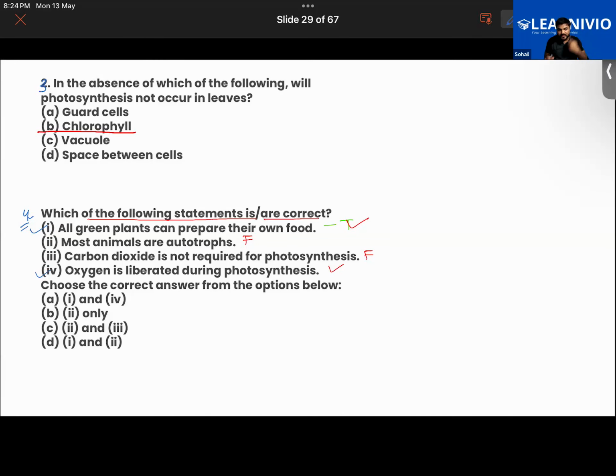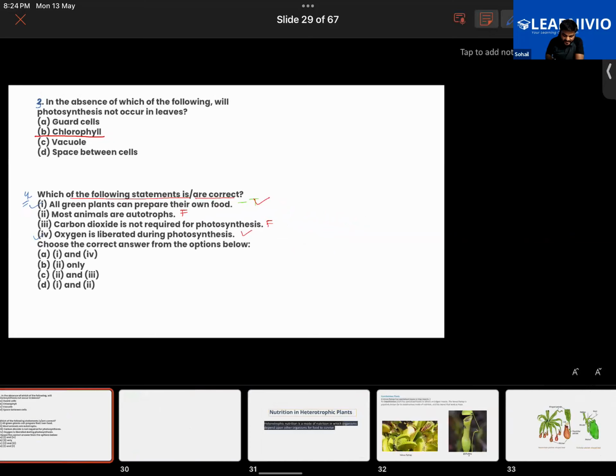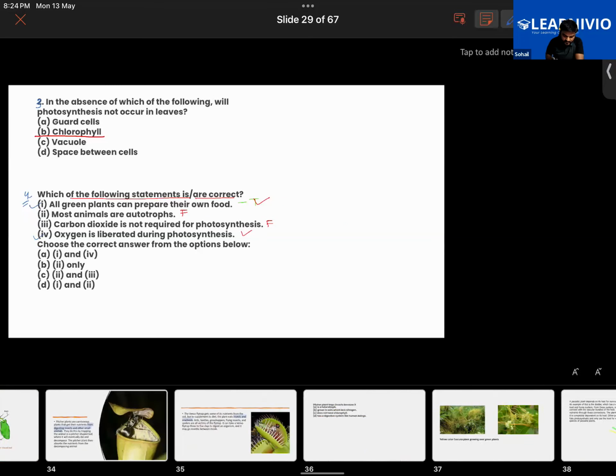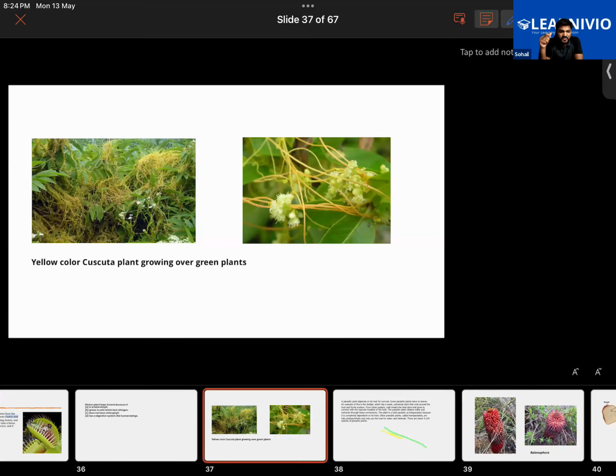Now, in this first statement, all green plants can prepare their own food. If you look at some plants like this cuscuta, also called amar bel or dodder plant, it might look a bit green or yellow. Usually it is yellow, but it might look green.